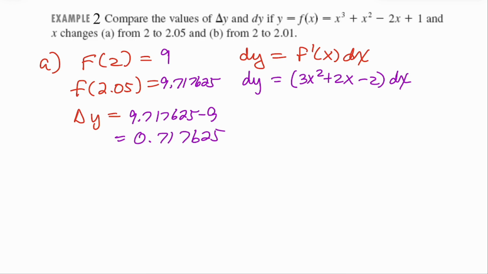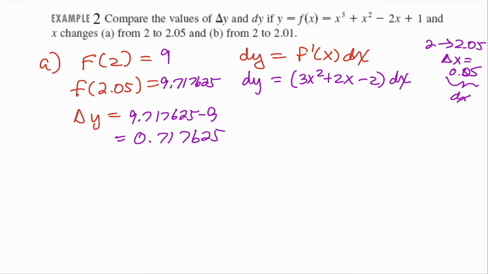Let's think for just a minute about what we know. Our x is going from 2 to 2.05, so our change in x is 0.05. For this particular case, we're just going to make that value our dx.